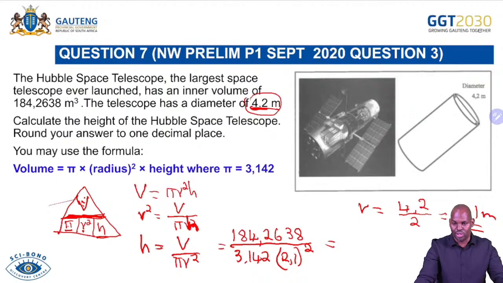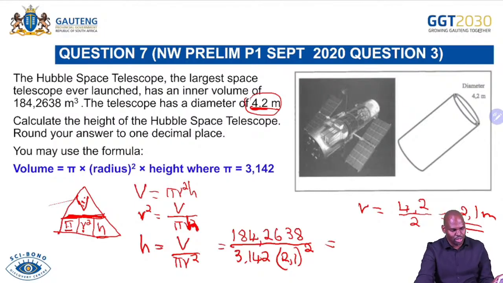Then we just do the substitution, 2.1, and then it's squared. Then you use your calculator. So for your calculator, you say 184.2638 divided by 3.142, and then you open bracket, 2.1, close the bracket, square it.